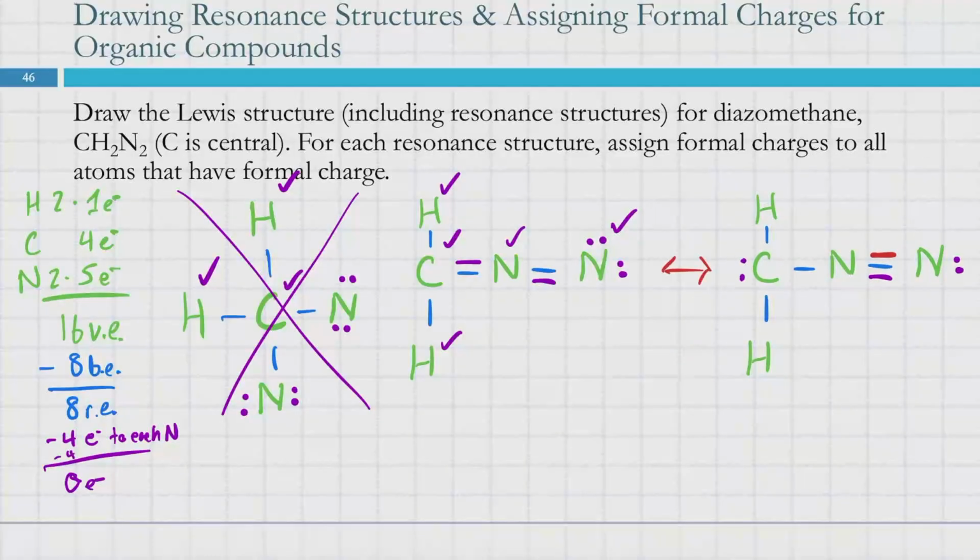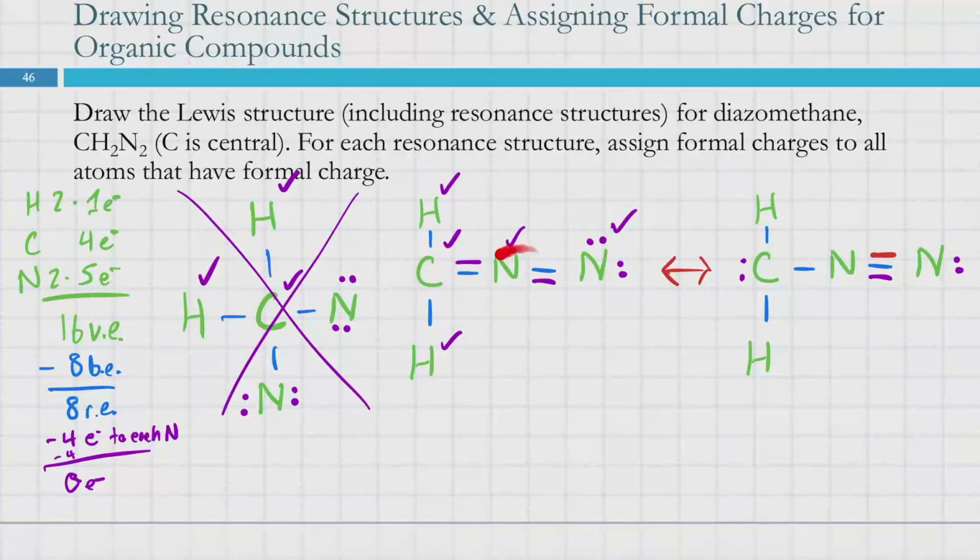So we'll draw our arrows, our double-headed arrow between the 2, and then let's take a peek at our formal charges. Our hydrogens are not going to have a positive or negative formal charge. They'll be at 0 because they've got 1 bond. Hydrogen, basically always happy, very easy to please. Love that for hydrogen.